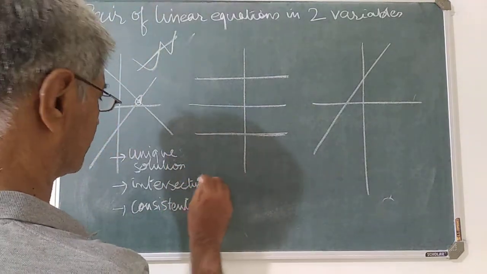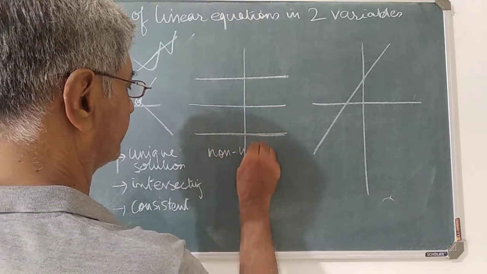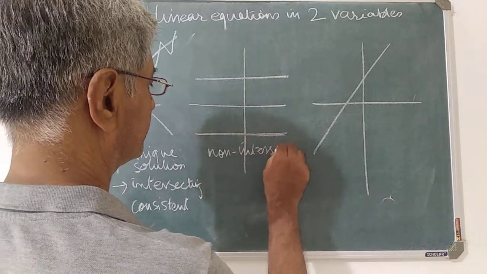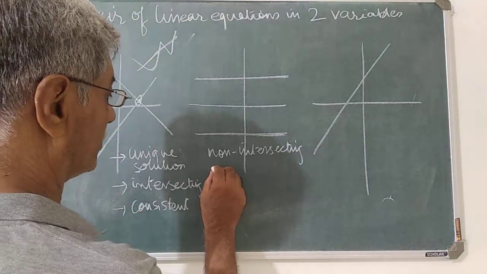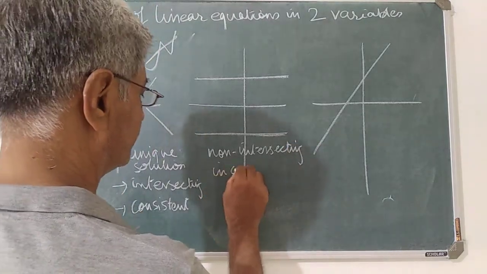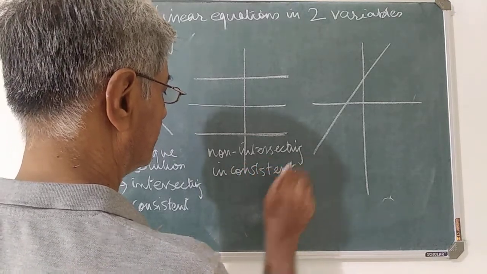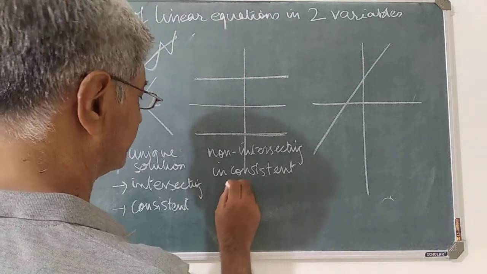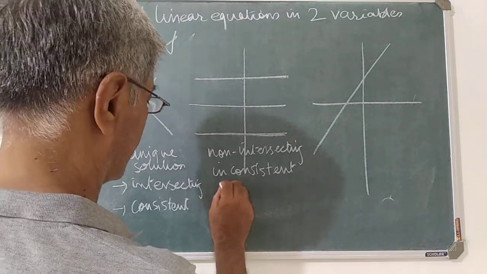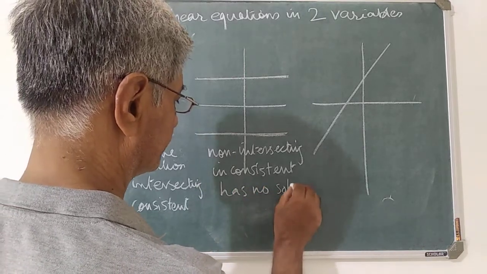So this is called non-intersecting, and it is called inconsistent because it does not have a solution.